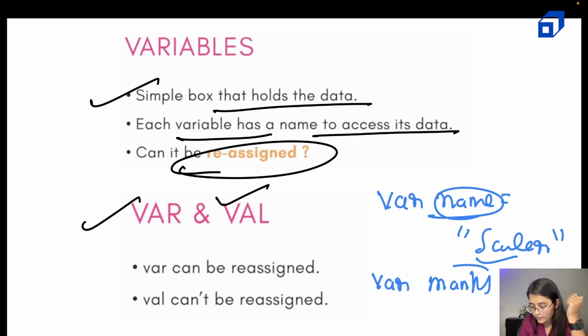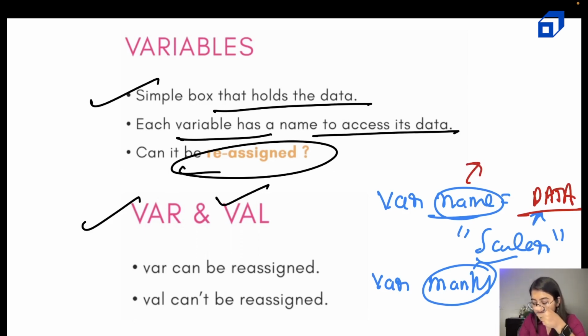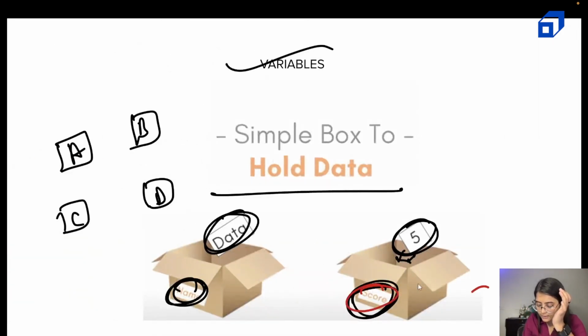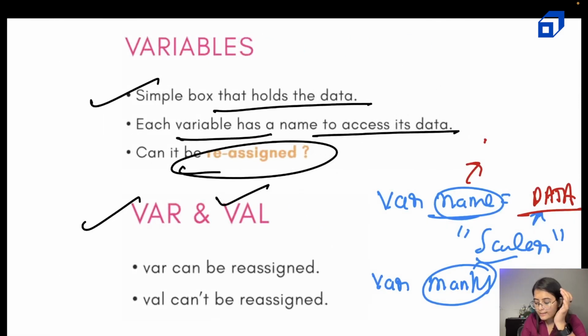So variable and value, right? This is basically your data, and to access your name, I'm creating a variable. Like I give names to the boxes, in the same way, to access some data, I'm creating names.